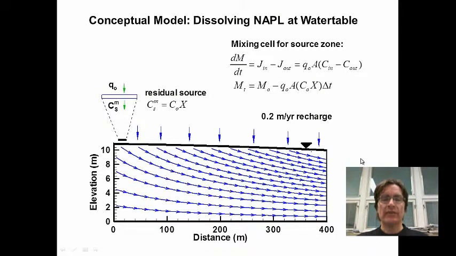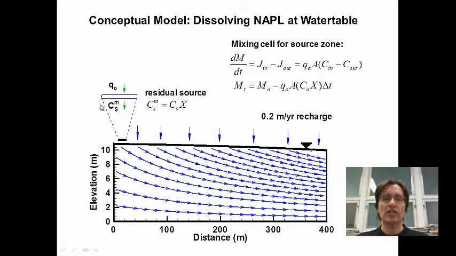Just to show an example here, we've got a vertical 2D section with a source term at the water table. And there's several methods or approaches to include a source term. One of the simplest is to assume a mixing cell for our source zone. This is a dissolving residual NAPL phase, say a light non-aqueous phase liquid resting on the water table. And we have a flux passing through this source zone.